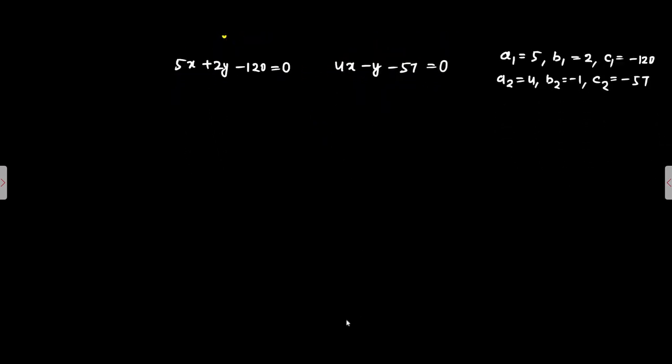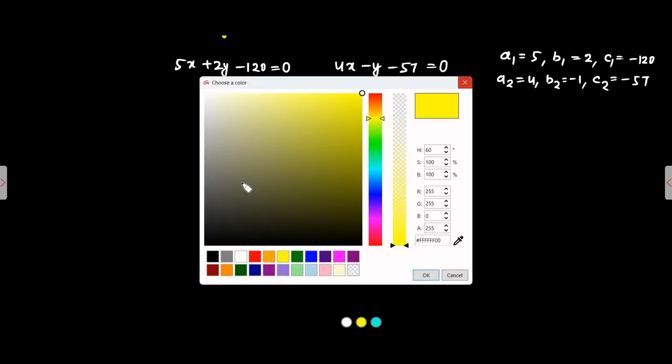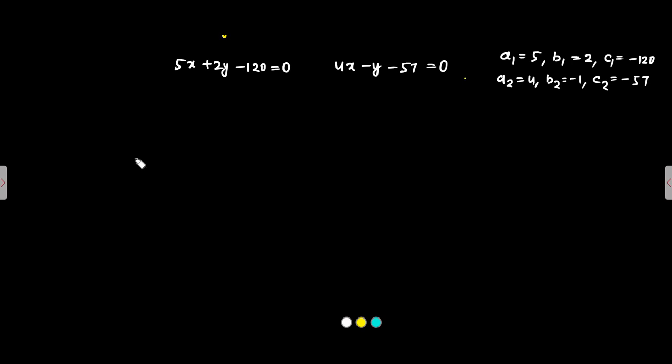Okay, so if we use the diagram approach, first we'll write b1 b2, then c1 c2, then a1 a2, then again b1 b2. So b1 b2 is 2 and minus 1, then c1 c2 is minus 120 and minus 57, then we have a1 a2, that is 5 and 4, then again b1 b2, that is 2 and minus 1.